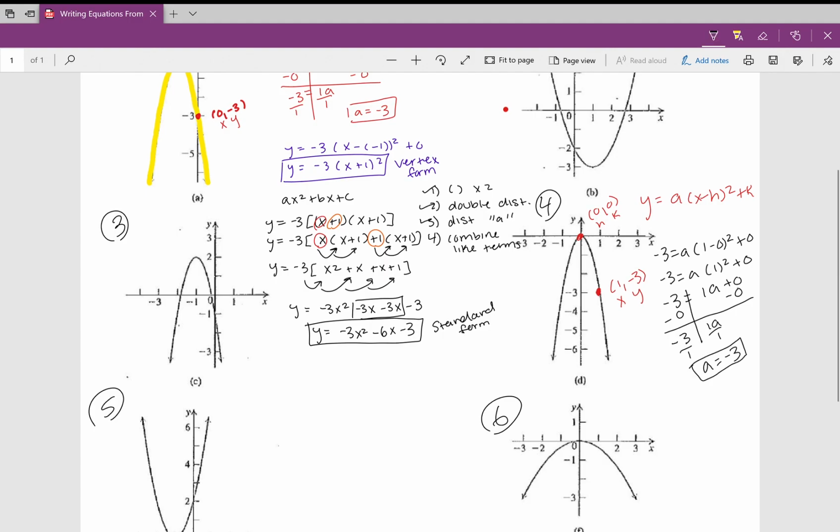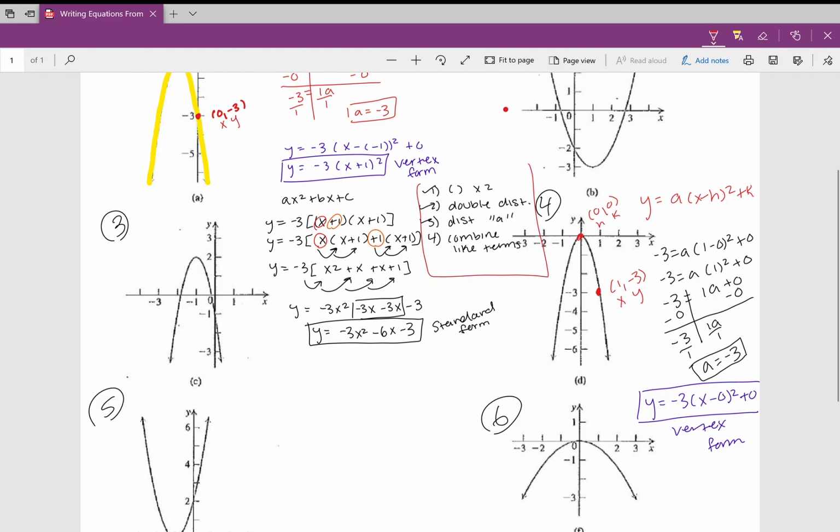Okay, once I have this, then I'm going to plug everything back in. So I have y is equal to negative 3, x minus 0 squared plus 0. So this is my answer in vertex form. And remember, to get my answer into standard form, I have to do the parentheses twice, do all the steps that we did over here.